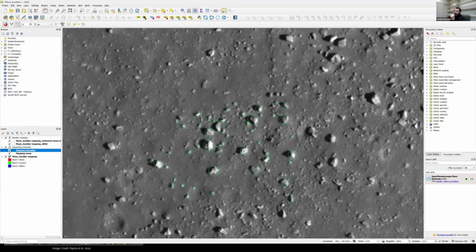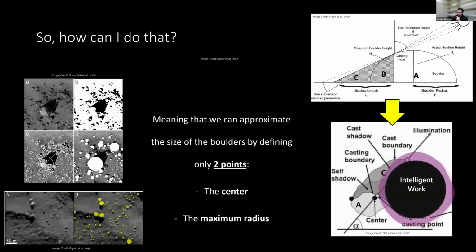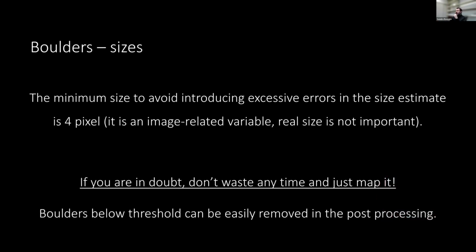Going back a bit to the presentation, we are not interested in everything. If you try to map down to the pixel size, you can introduce excessive errors. So to avoid this, the threshold for having a valid boulder is 4 pixels.